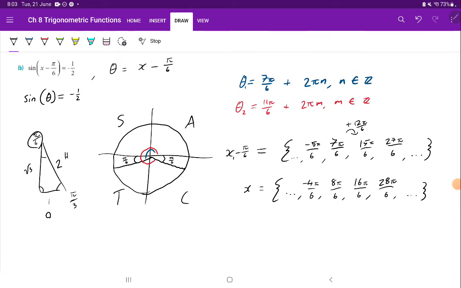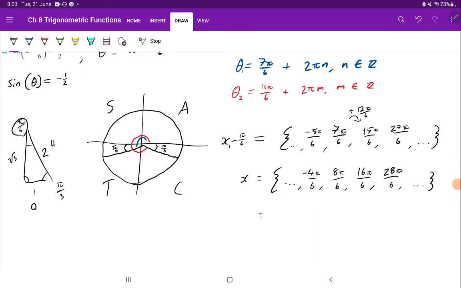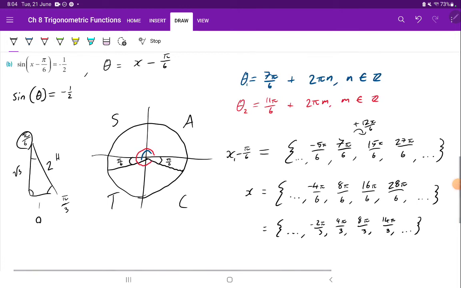Except you'll notice all of those have even numerators and denominators, so I can actually simplify them into thirds. So once I simplify this set, I get -2 pi on 3, 4 pi on 3, 8 pi on 3, and 14 pi on 3. Alrighty, so these are my infinite family for the first one. Now I need to see which ones are in between 0 and 2 pi.